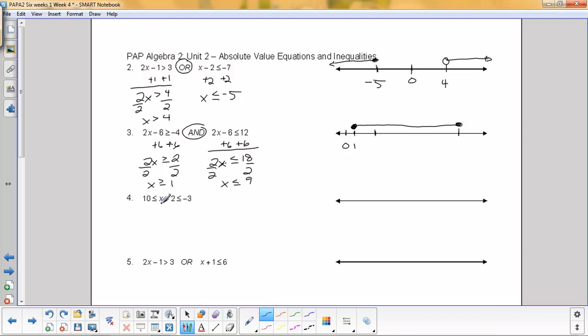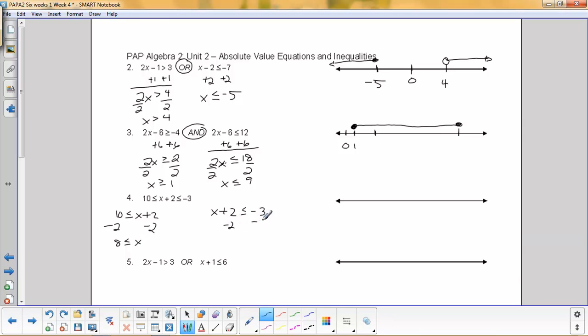This one, written a little bit differently, still the same idea. I like to break them apart. Less than or equal to x plus 2. It's also x plus 2 less than or equal to -3. I like to write it that way. It makes it easier for me to see it visually. Subtract 2 from both sides, and I get 0 is less than or equal to x.